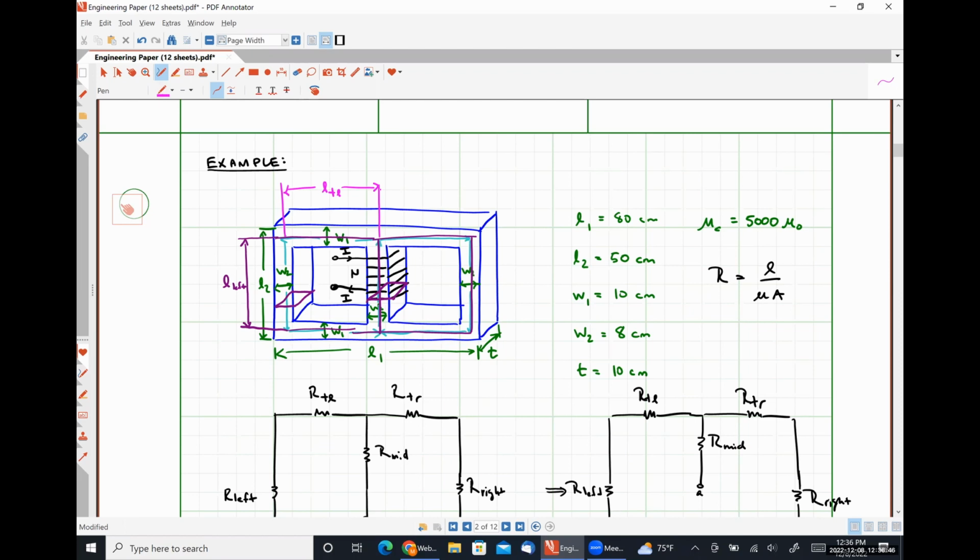Okay. How do you think that's going to relate to the distances that we're given for the geometry of the system? So 1/2 L1 minus W2. Yes, that's correct.